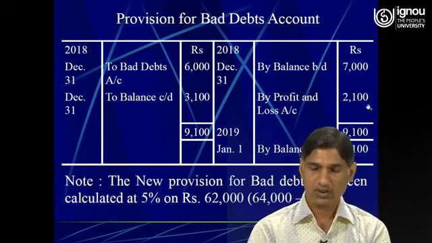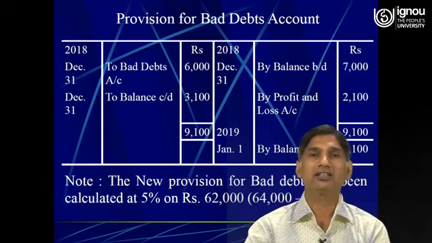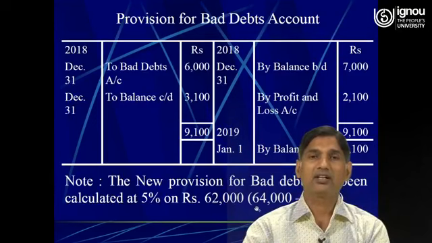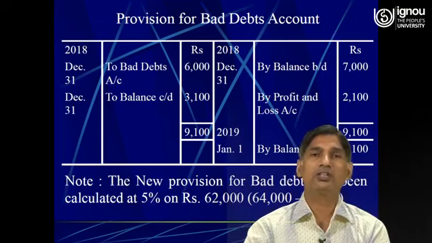And in the balance sheet the amount of the debtors was 64,000. Out of 64,000, two things should be subtracted: the amount of further bad debts and the new provision.